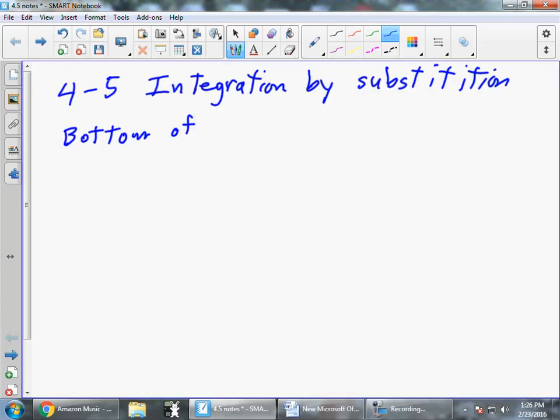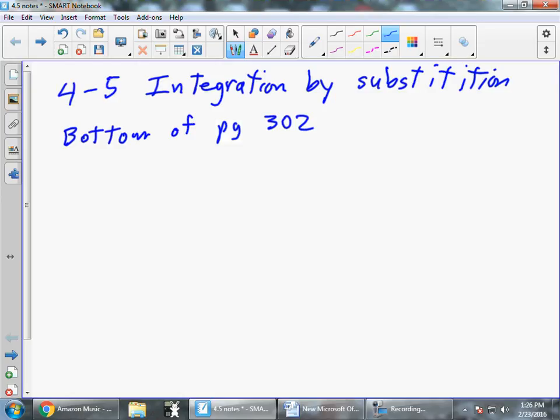At the bottom of page, where is this? 302. So check it out. Okay, thank you. The bottom of page 302, it says, some integrals whose integrands involve quantities raised to powers cannot be found by the general power rule.